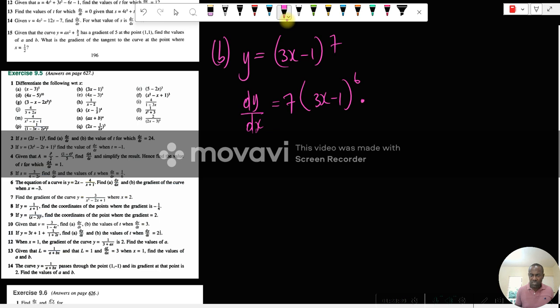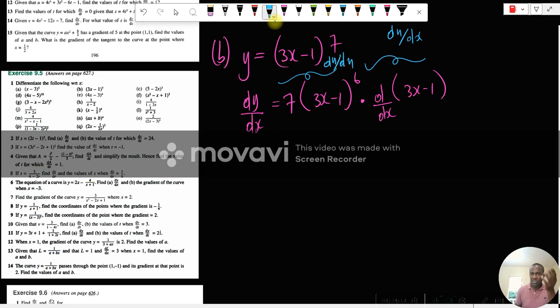But because it is a composite function, I have to multiply by the derivative of what is inside the bracket, which is 3x minus 1. Now, if you're wondering, this would have been the same step we would have done. So this little piece right here would have been my finding du by dx, and this little piece right here would have been finding my dy by du.